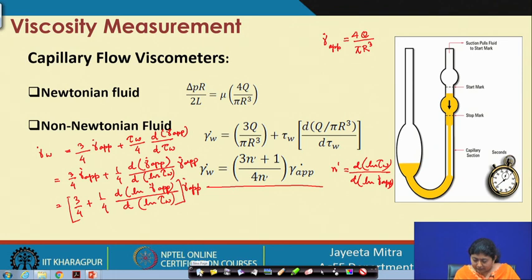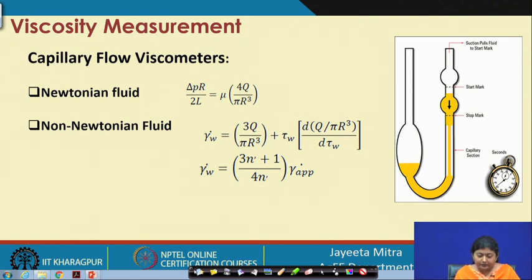So that means we are now getting the relation as this one for the non-Newtonian fluid.